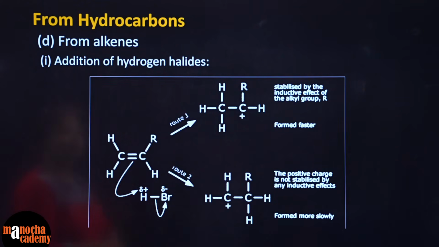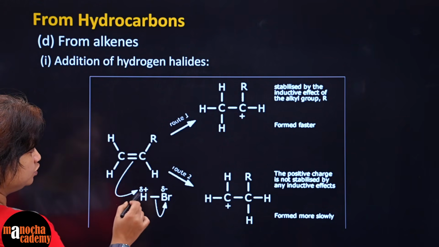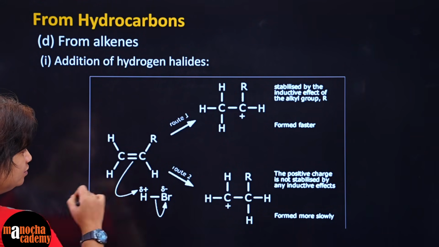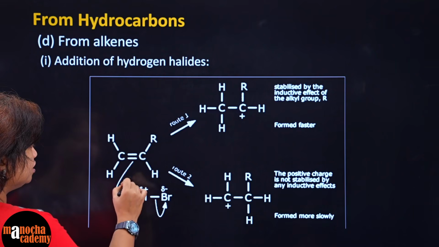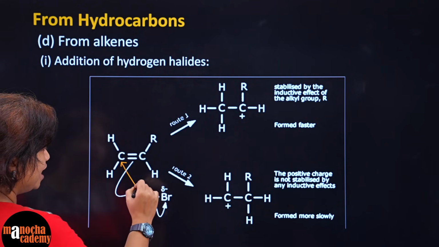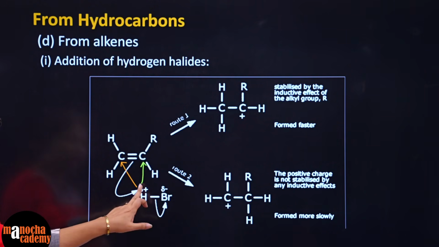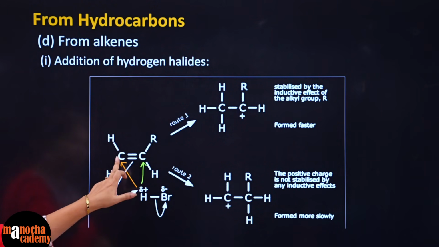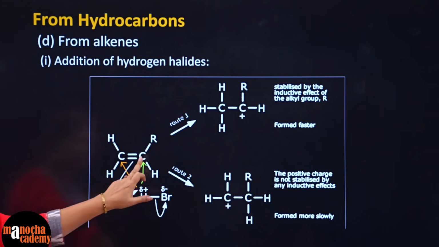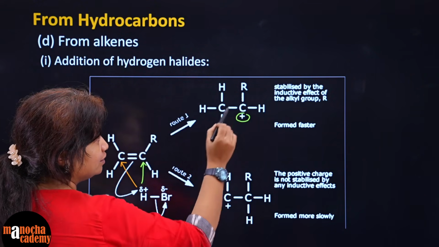Now, here the mechanism is shown to you. You have two options for where to add H. You can add H either here or here. When I add H to this carbon, I get the positive charge on the other carbon.